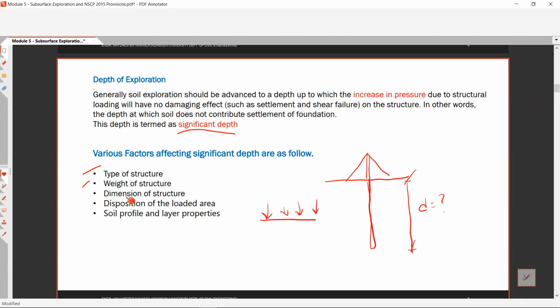Next one is the dimension of the structure. Okay, so the dimension of the structure tells us how many boring samples we need to consider in getting the soil samples. Okay, so for example, you have this site.